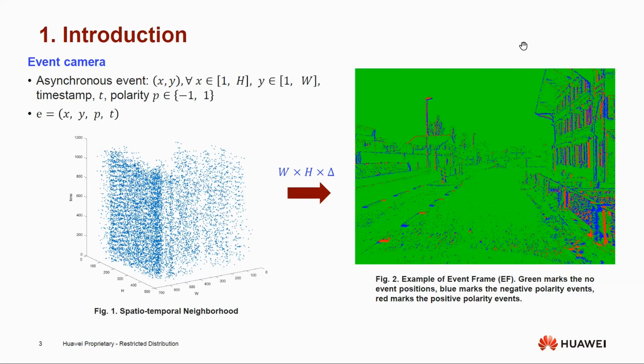Moreover, since computer vision algorithms don't consume this type of data as events, usually what you do in the literature is accumulate these events during a time window of delta. If during this period an event occurs, you signal that event on the X and Y position of a frame.